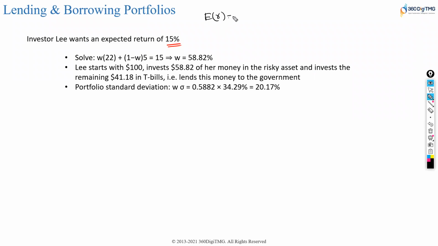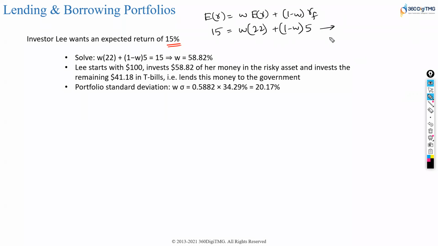Expected return is equal to W into expected return of risky asset plus 1 minus W into risk-free asset. So this is 15%. That is what he is expecting. W into expected return of risky asset is 24% plus 1 minus W into risk-free asset is 5%.